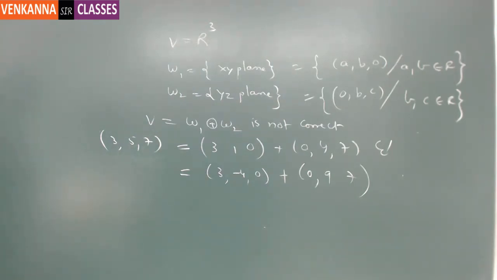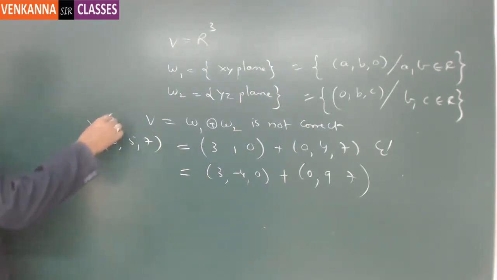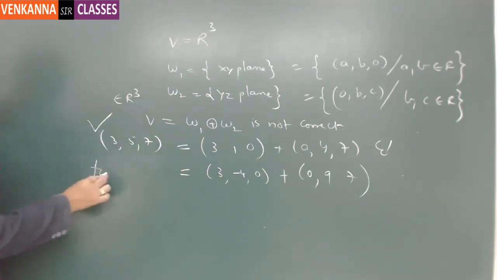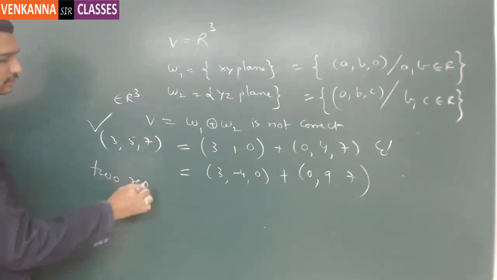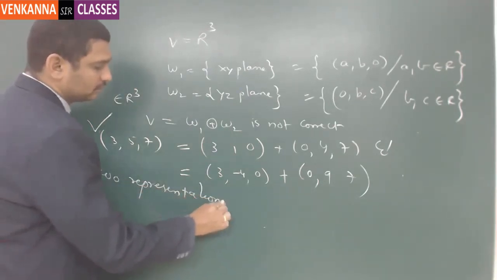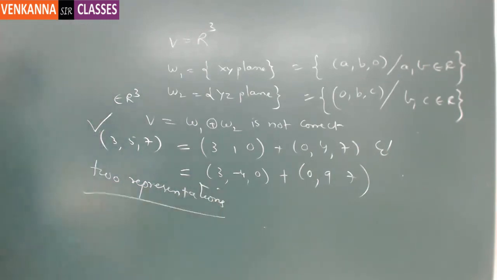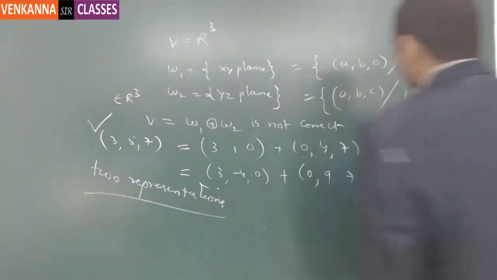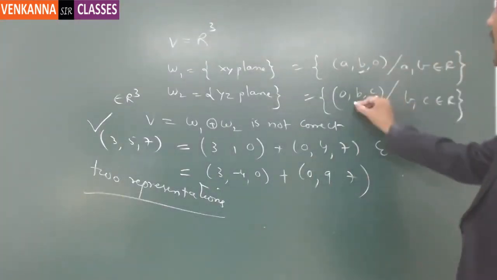Now you can observe that for the vector 3, 5, 7 which belongs to R cube, it has two representations. Therefore, it is not a direct sum. If you observe the pattern, you have a common thing here.